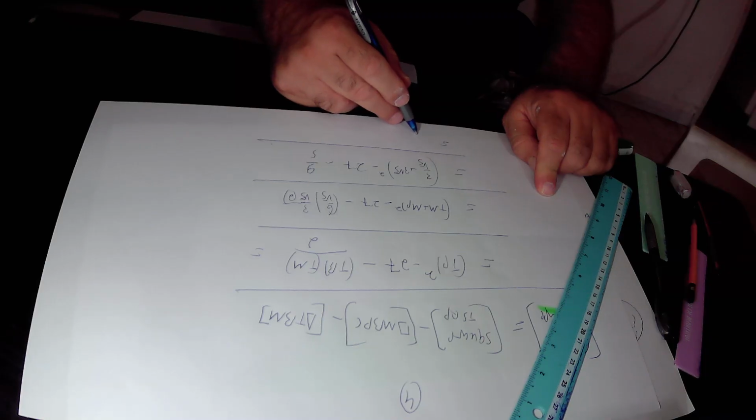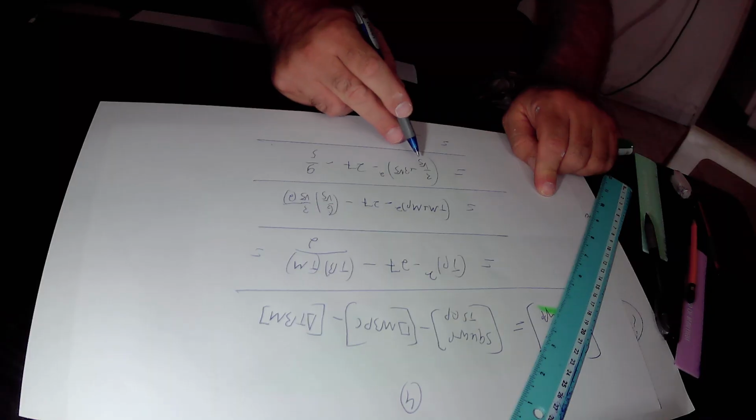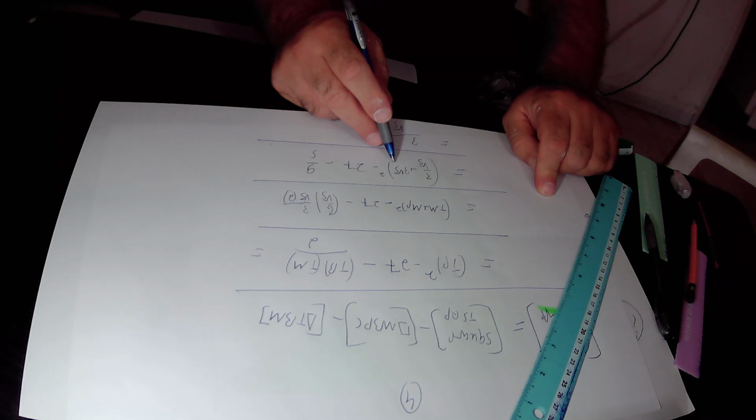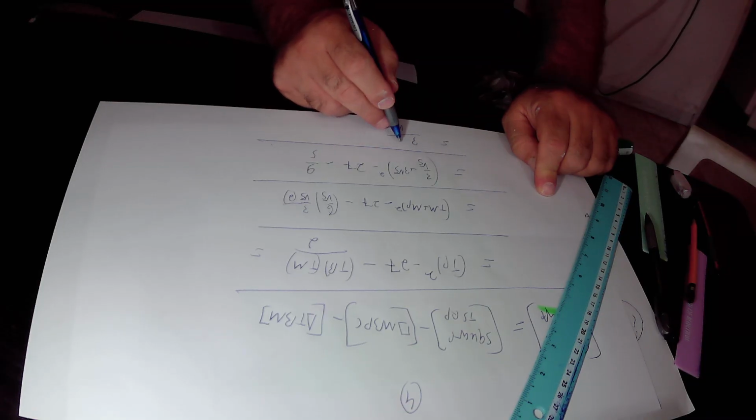Square root of 5 times square root of 5 is 5, and 5 times 3 is 15. So in total, this expression equals 15 after we divided by square root of 5 and then multiplied by square root of 5.